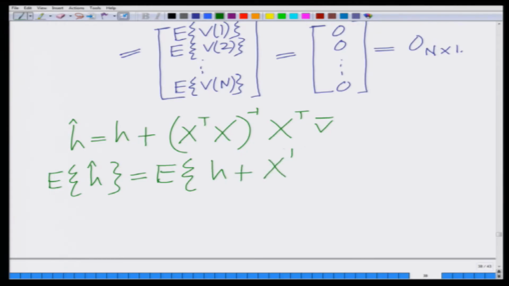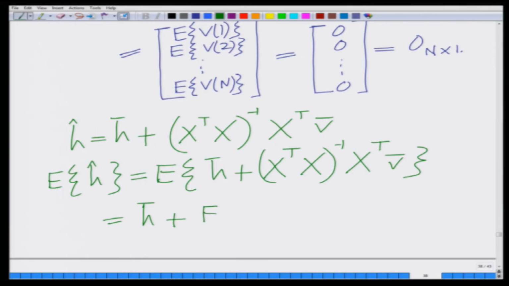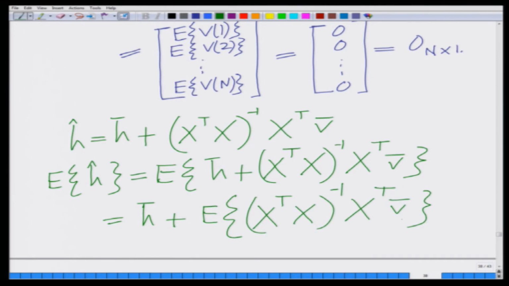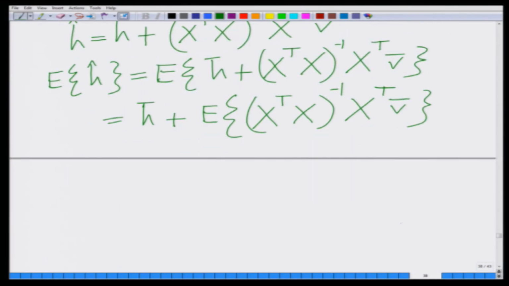plus x transpose x inverse x transpose V bar, which is nothing but, now H bar is a constant. So, I can take that outside as H bar plus expected value of x transpose x inverse x transpose V bar. And now again the pilot matrix X is constant. So, I can move the expectation inside.